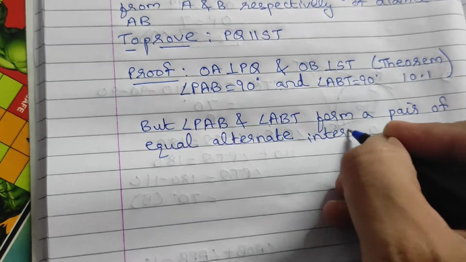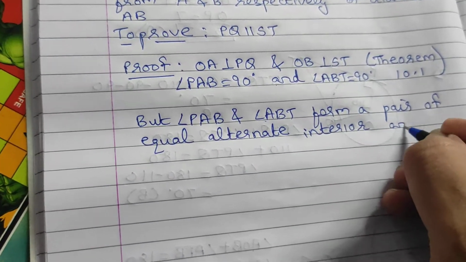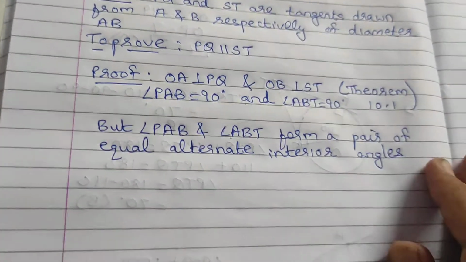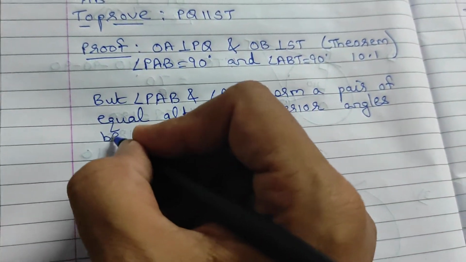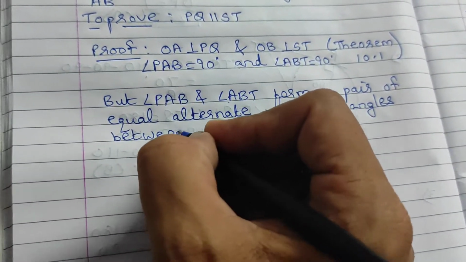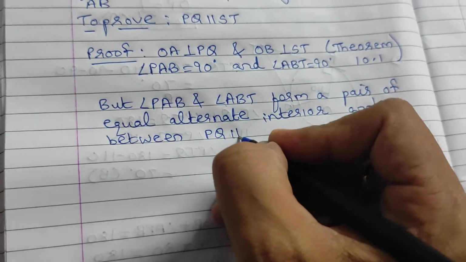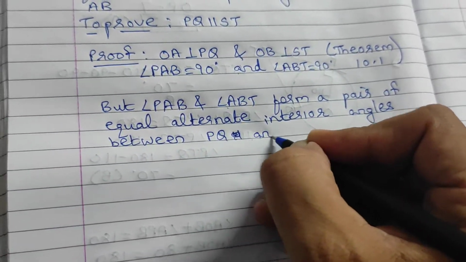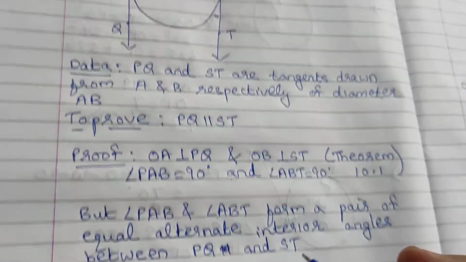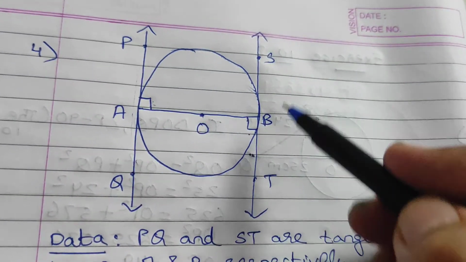Now students, whenever alternate interior angles are equal, it always means that the two lines between which they lie are parallel, right? So these two interior alternate angles are between PQ and ST.